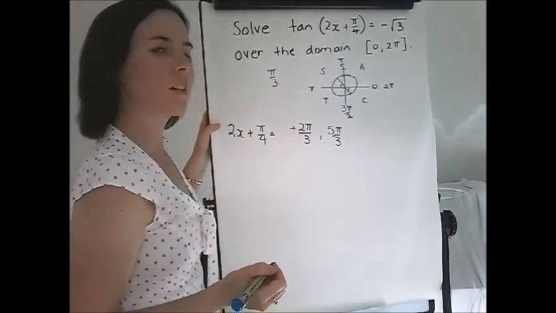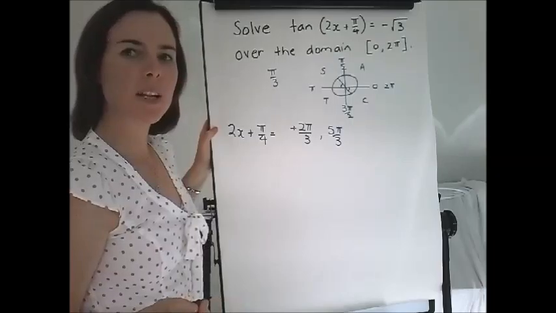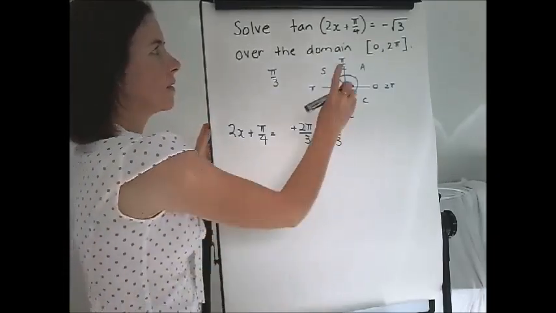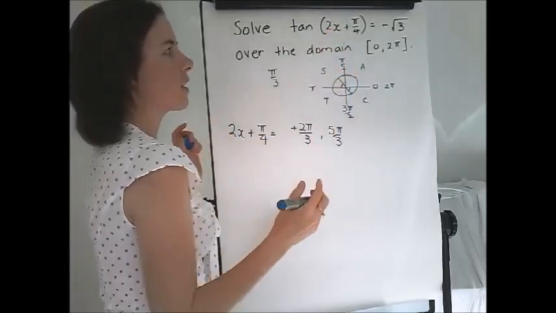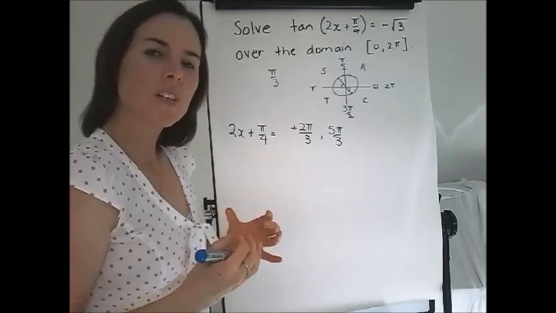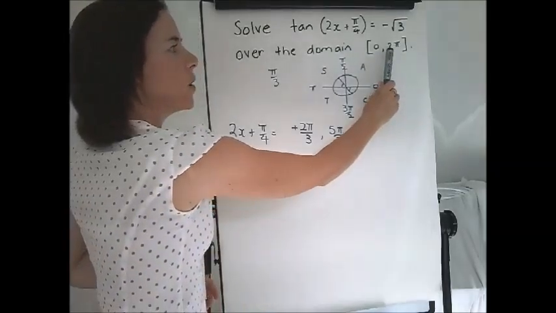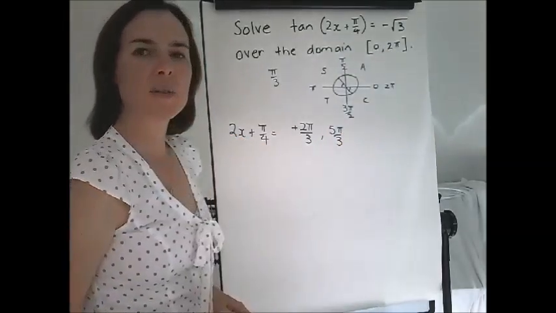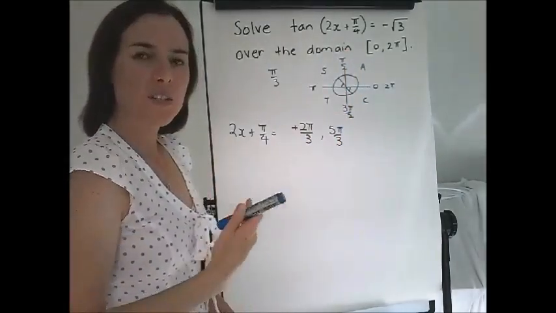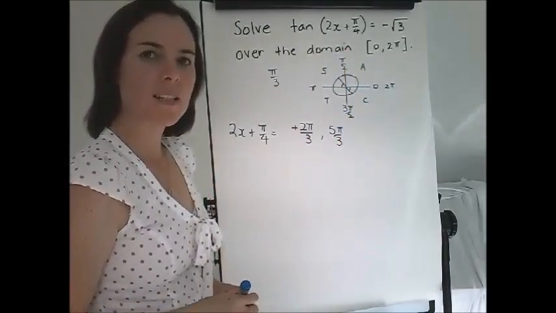So at the moment, that's what we have for 2x plus pi on 4. However, there's a 2 in front of the x. That will eventually be divided, so the answers will get smaller, which means there may be more which fit into our domain. And if we're going to divide by 2, it's usually safest to get twice as many.